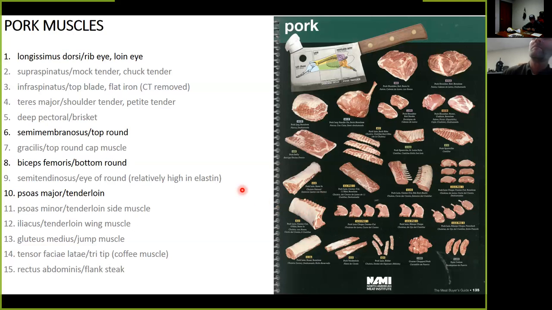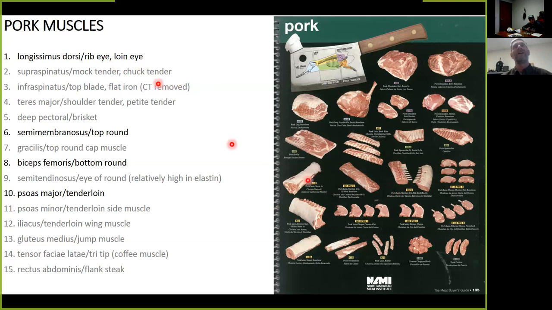So remember, the interesting thing about the pork loin is it's everything. It's the rib and the loin. So we have all these ribs in it, and it's still called the loin. So what will we call that? Will we call that the loin eye or the rib eye? The 412, I mean, what would we call it?